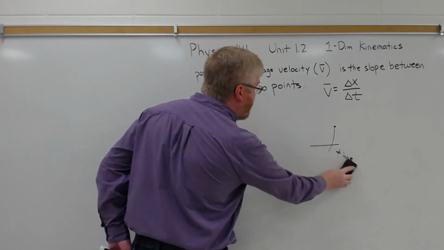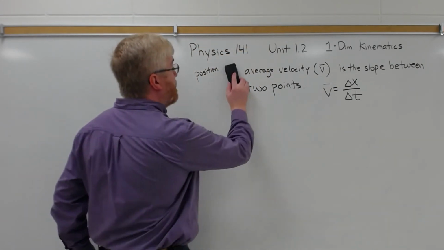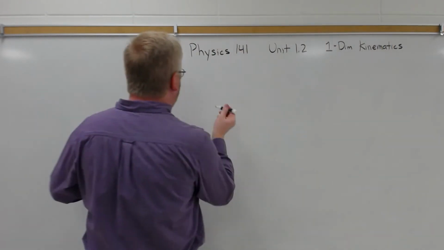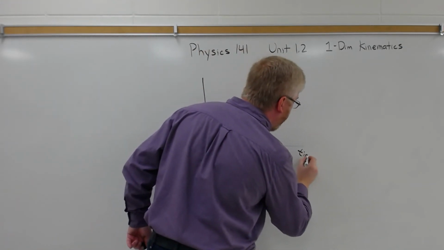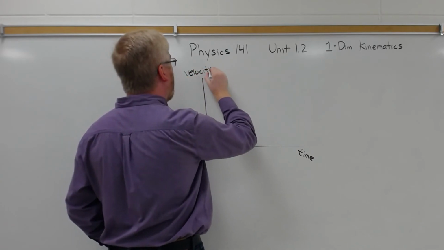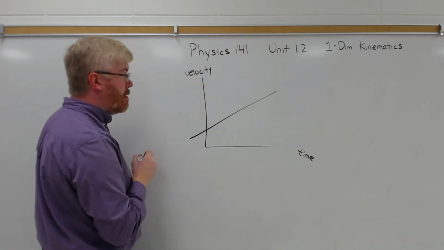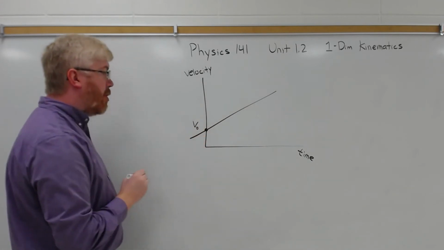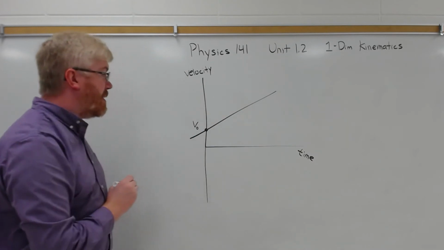Now, the same thing is true for velocity time graphs. So if we have a graph of time and velocity, and we have some line here, this is our initial velocity at some time, it can be negative, at some time t0.